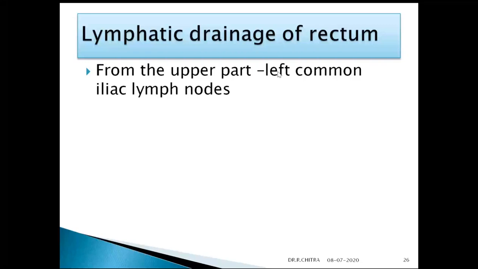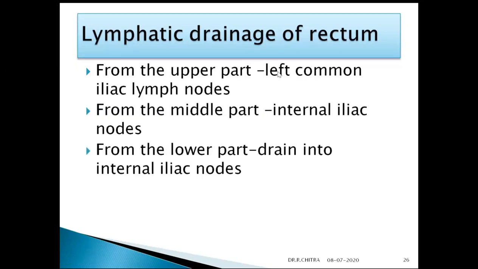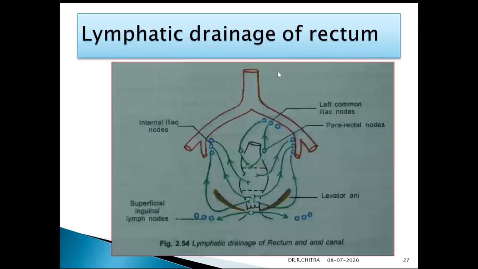Lymphatic drainage of the rectum. From the upper part, to the left common iliac lymph nodes. From the middle part, to the internal iliac lymph nodes. From the lower part, again into the internal iliac lymph nodes. Also the lowermost part drains into, as you can see in this picture, the internal iliac lymph nodes.